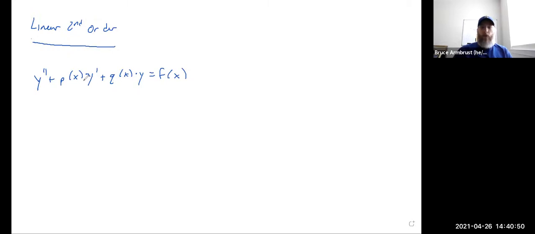Now we're just adding in one more piece, because if we've got a second derivative, we can also have a first derivative and then a constant part. Okay, so this is what it means to be linear second order. In terms of homogeneous or non-homogeneous, same deal. If f of x equals 0, we call this homogeneous. And this is back to the original definition of homogeneous, not that minor foray we had into the other type that could be written as functions of y over x.